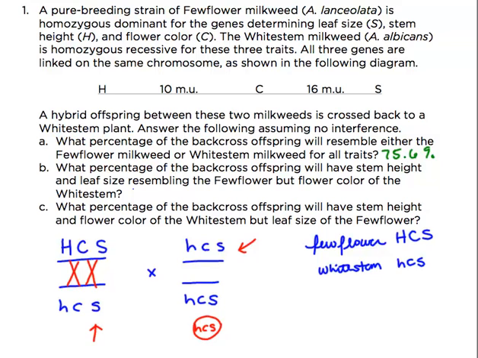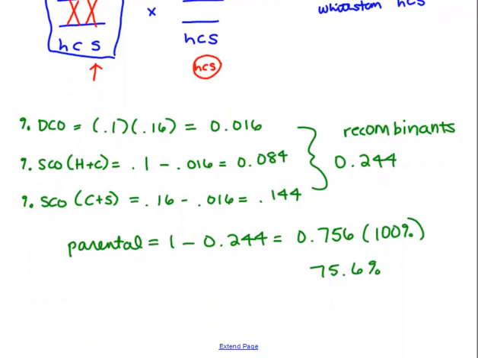So they want big H and big S, but have the color of the white stem, which is little c. Again, this is the parental individual that can give you recombinant phenotypes because they're the only ones that can give you recombinant gametes. So let's rewrite them and see how we would get a big H, little c, big S.